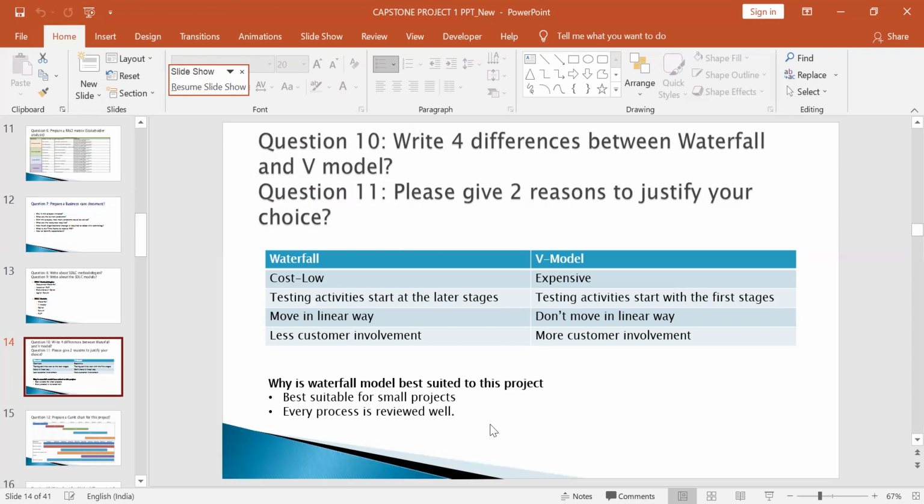First we gather the requirement, and only after completing the gathering of the requirement do we move on to the next phase. Every phase, every stage we review in the waterfall model. I gave you these two only, but you have to give a more generic answer.